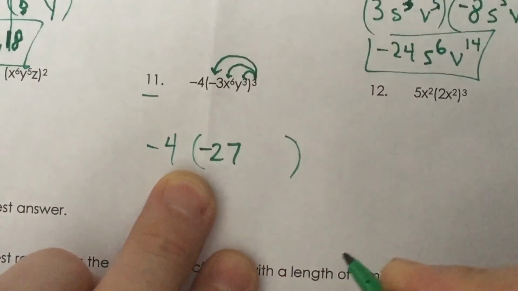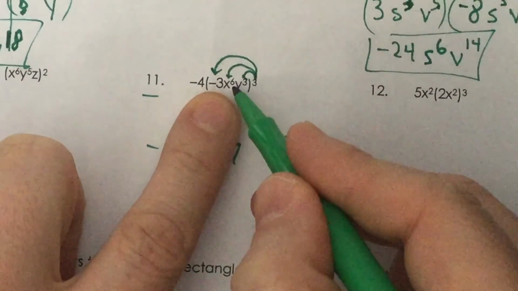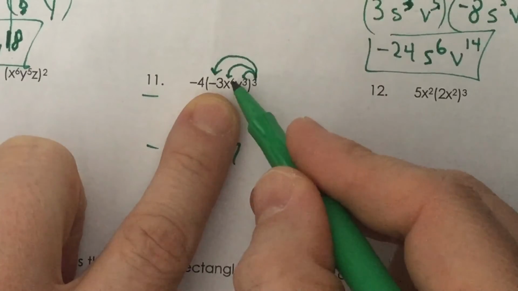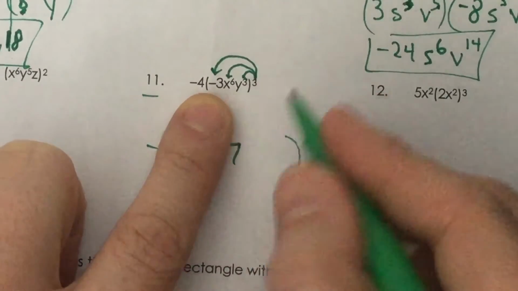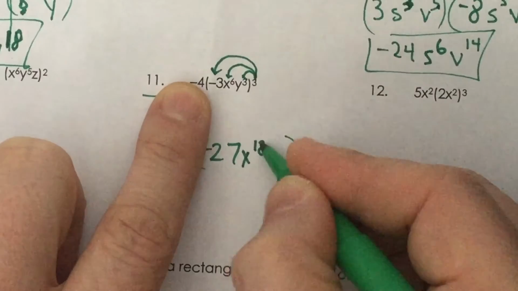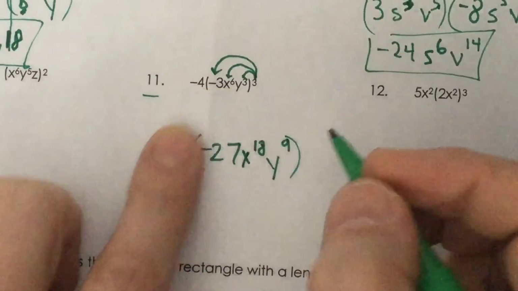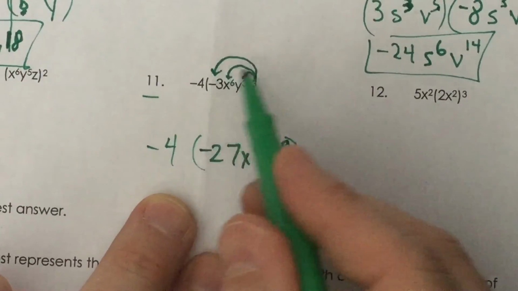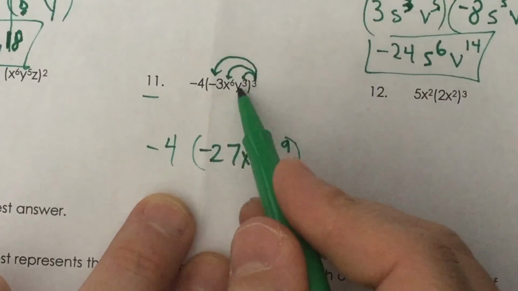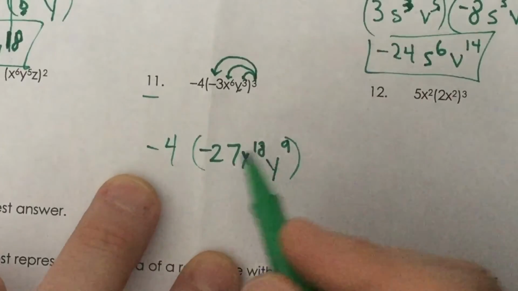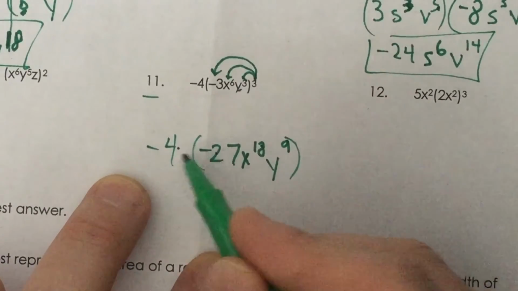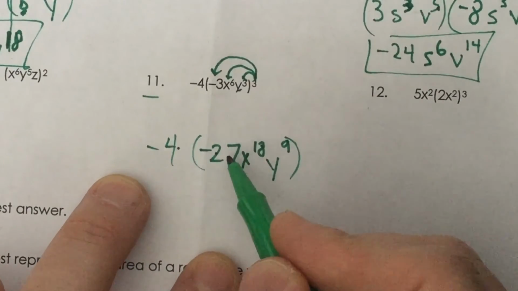All right? And then these I just multiply because they're exponents. 6 raised to the 3rd gives me x to the 18th. This 3 raised to the 3rd gives me y to the 9th. So now I've taken care of applying that exponent into all the parenthesis items. Now I can just multiply my two bigger numbers here, the ones in front.